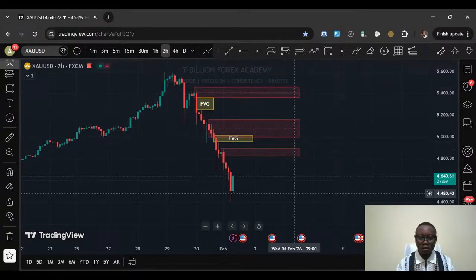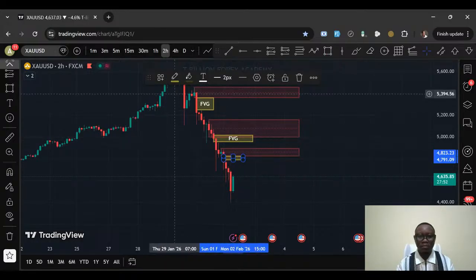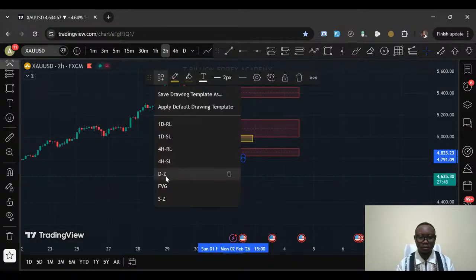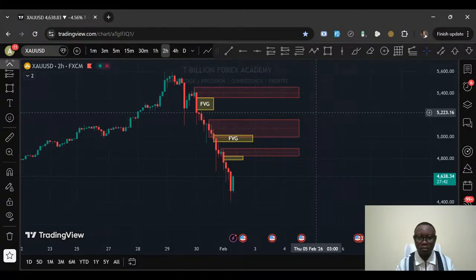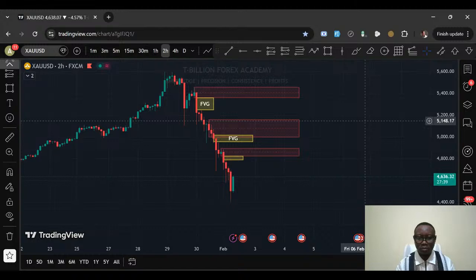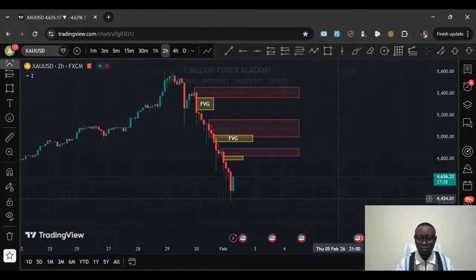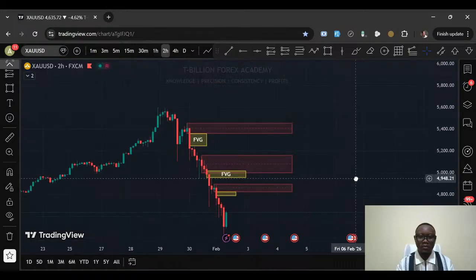This is our order block zone, and this is our FVG. Now we have another order block zone here.